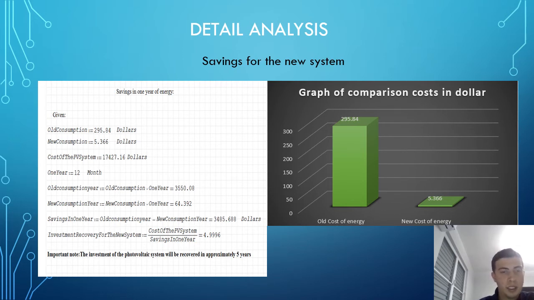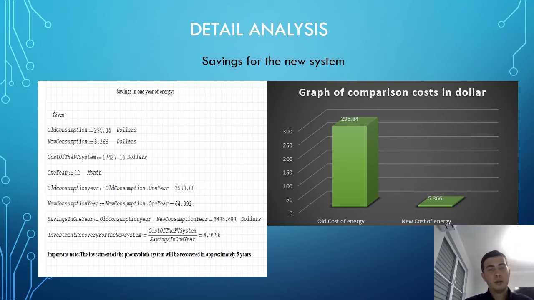The consumption in the year is $3,500. The new consumption in 1 year is $64, and the savings in 1 year are the old consumption minus the new consumption, that is 3,485 dollars.